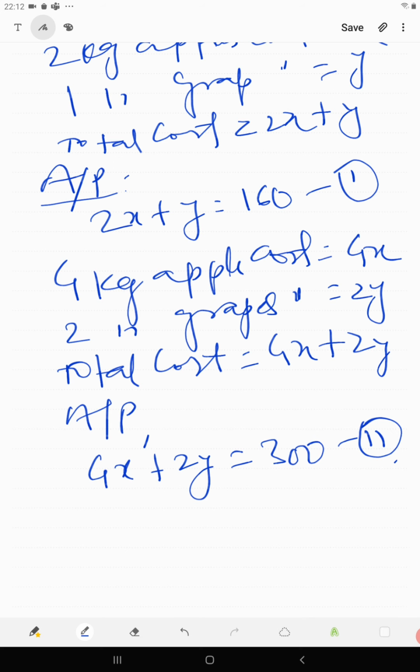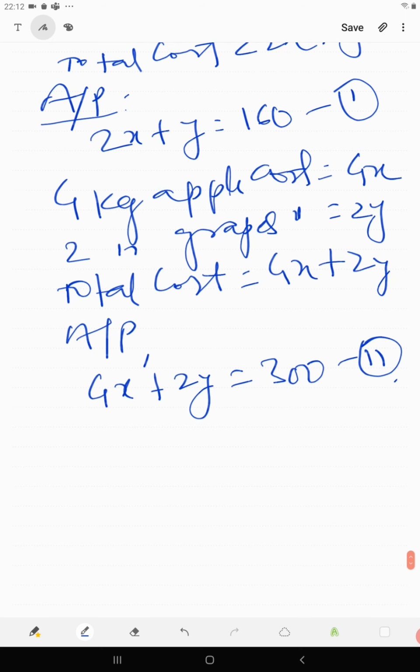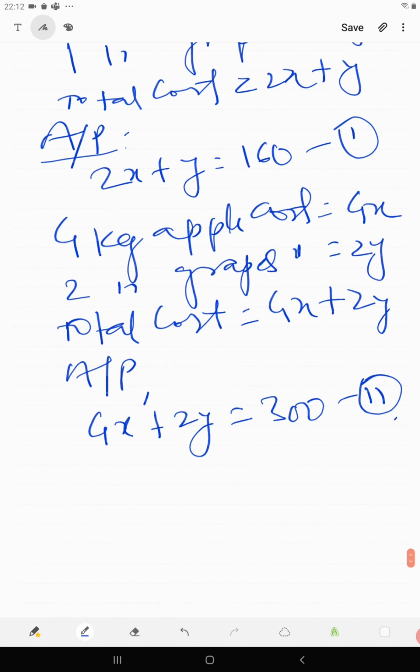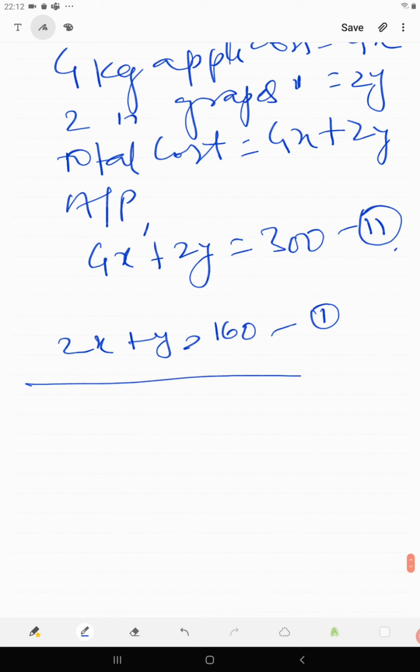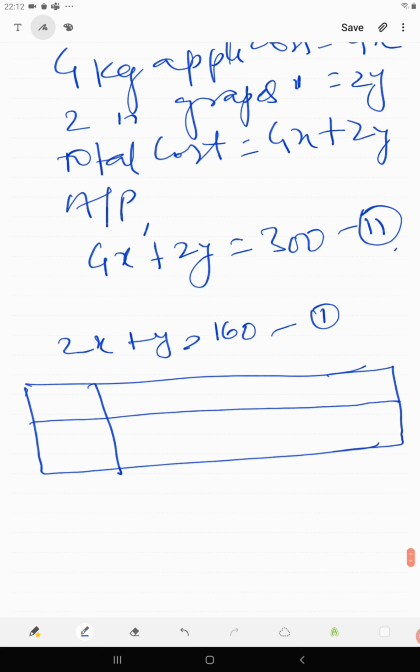Okay, let's now take the points. So for equation 1, we are doing 2x plus y equals 160. This is our equation 1, right? So let's take the points for this. x, y. 1, 2, 3.